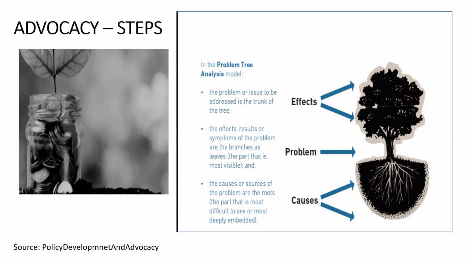But then you need to ask yourself, well, what's the cause of this? So this is where you really have to ask yourself why. It's almost like when you're skinning an onion. You ask yourself why, that's the first layer, and you get an answer, but you keep asking why until you get down to the core of the onion. Probably not a very good analogy, but I'm sure you'll get the meaning.